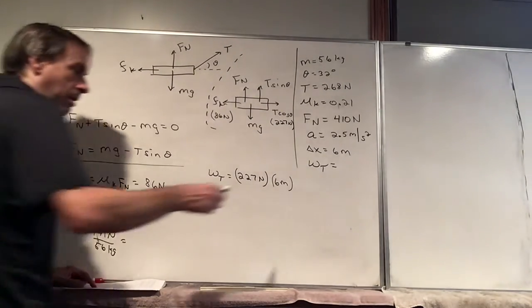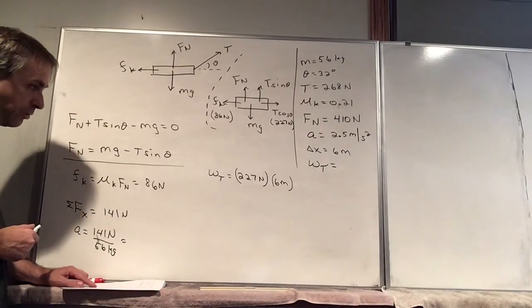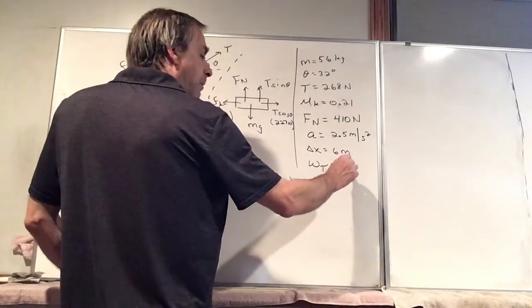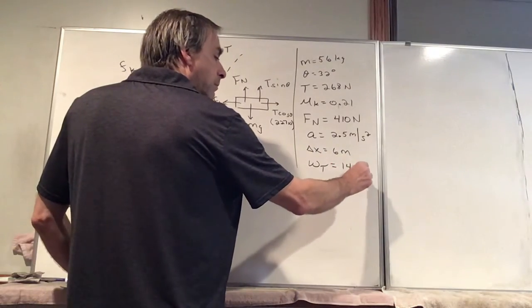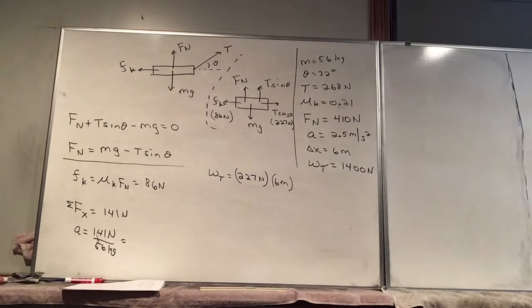But I'm getting about 1,400. Let me just check. Yeah, I rounded off a bit, but around 1,400. I wrote up these problems, and this is kind of an old problem. I probably rounded off too much to get the significant figures right.